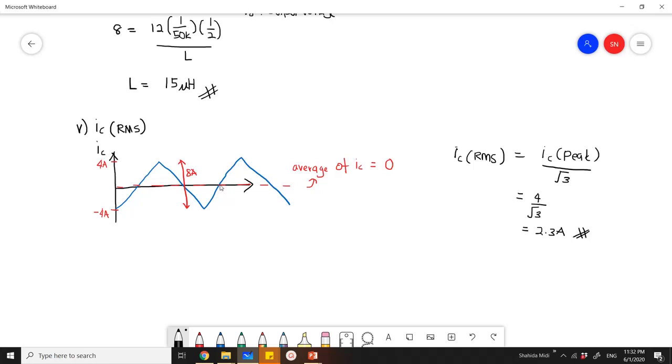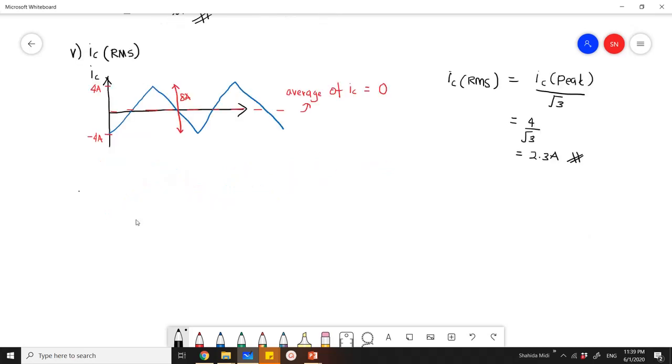For the buck converter, the RMS value is given by this equation. Next is the capacitance. We are going to use this equation.